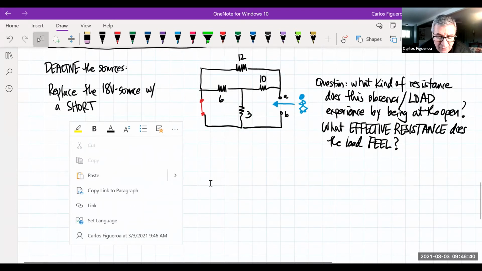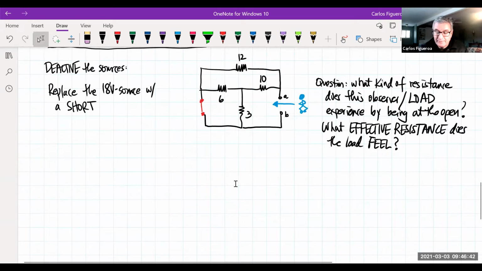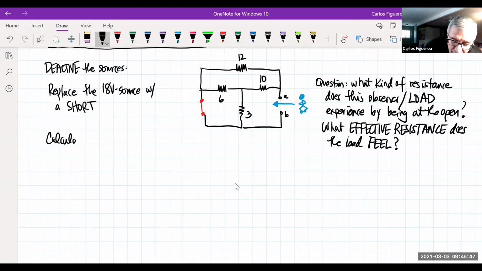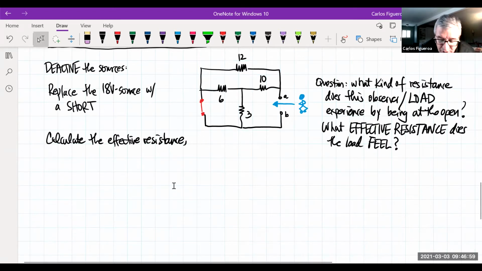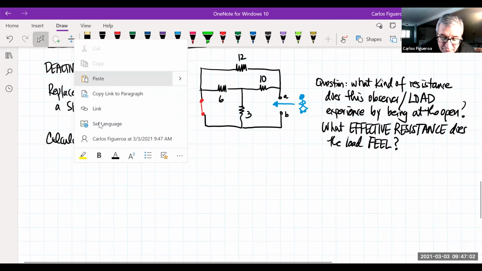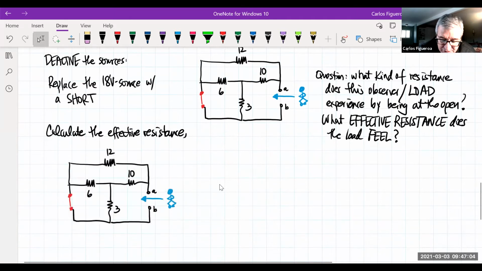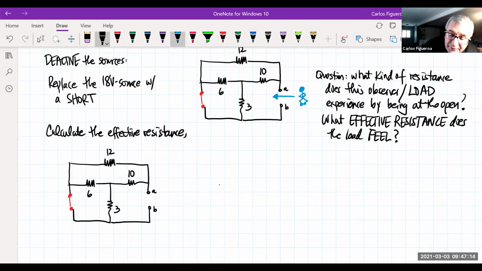Now to calculate this effective resistance, we come in here, paste our circuit again, and imagine that you have an ammeter.